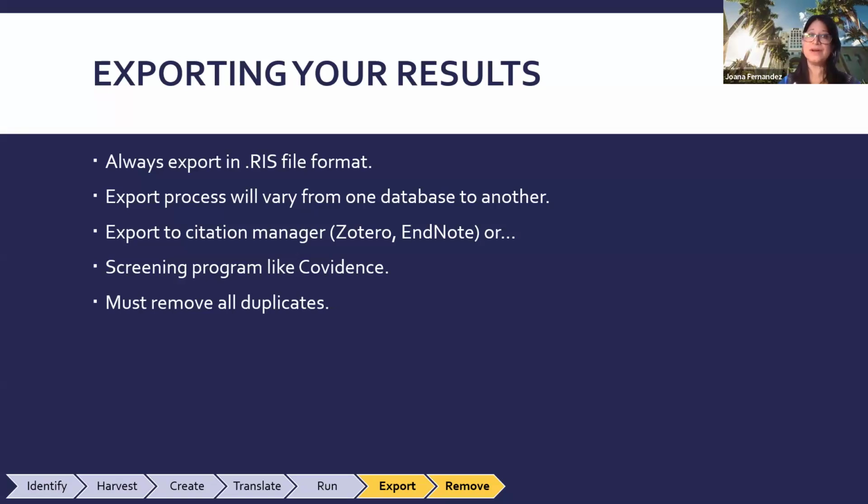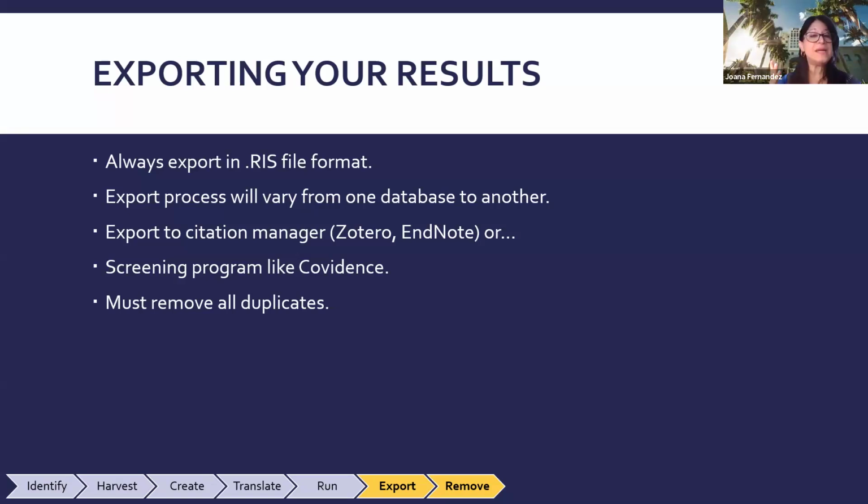The files that are in RIS format are a way to convert all the list of results, all your articles, into a format that is easy to export and upload in another platform such as Covidence, Zotero, EndNote.